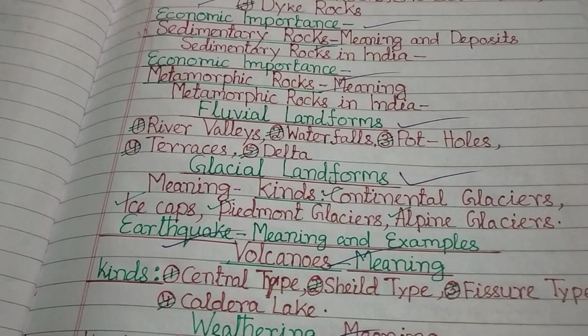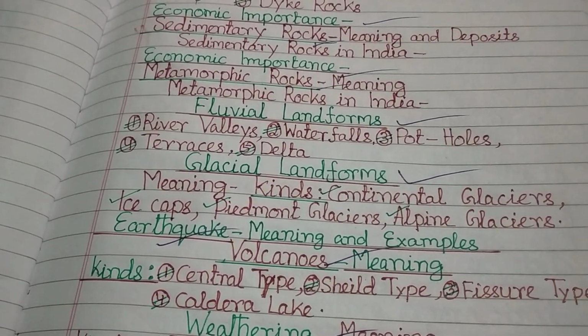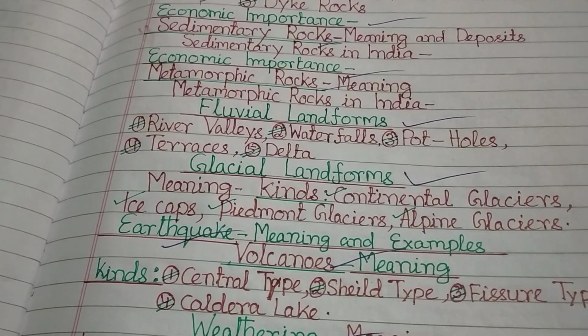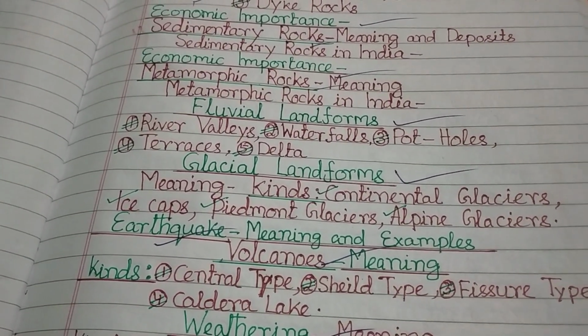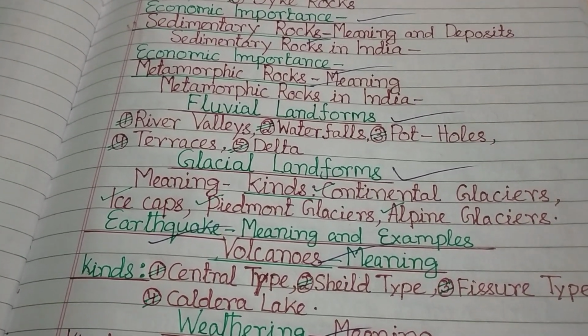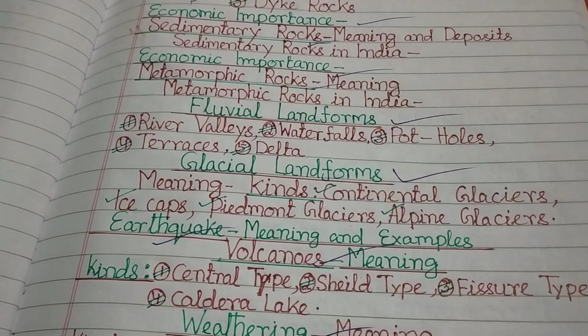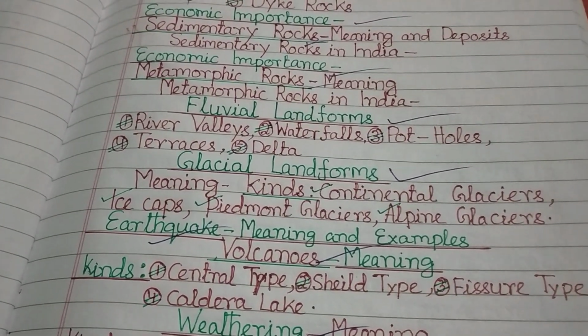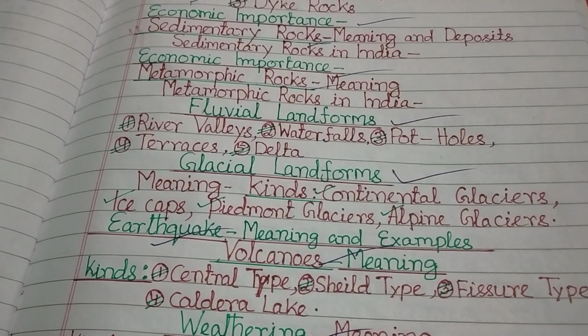Usually minerals are composed of two or more elements, but some minerals have only one element. For instance, sulfur, graphite, gold are called one-element minerals.